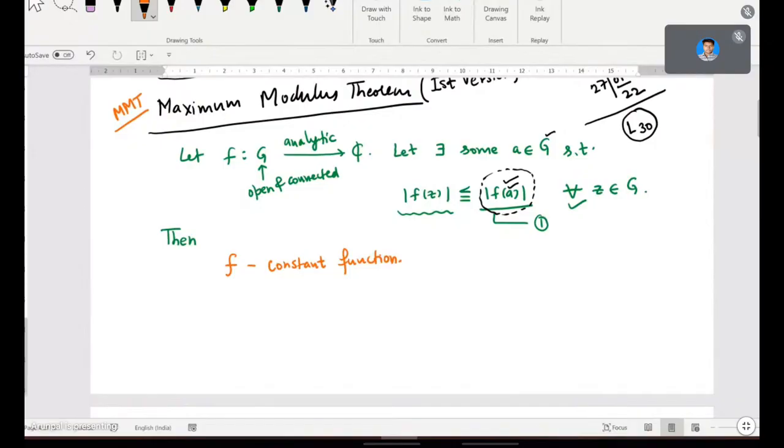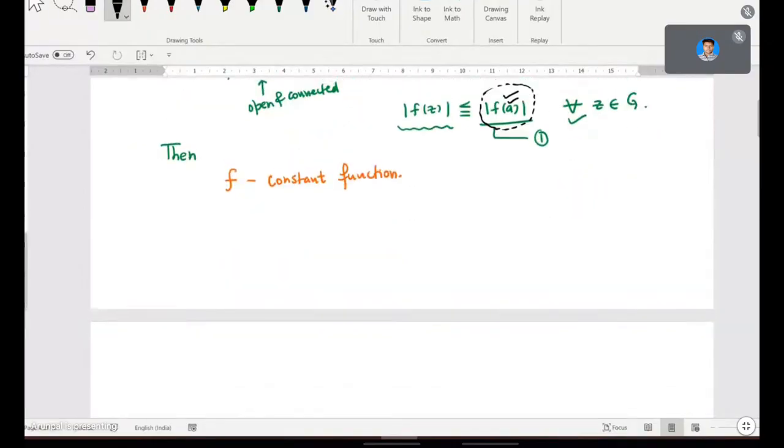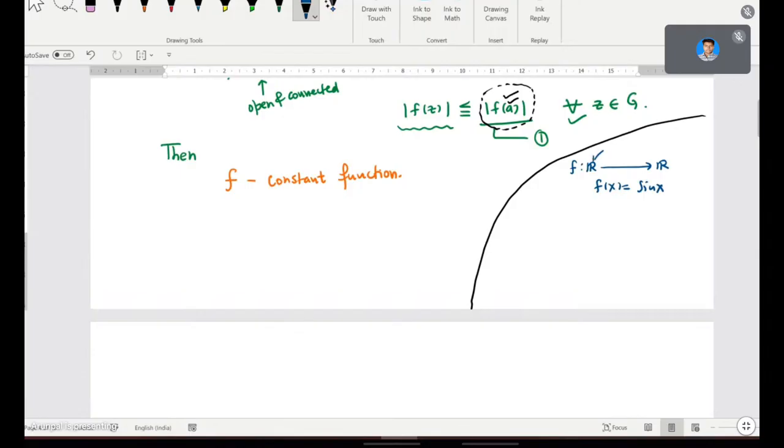Class, this is something very contrary to the frame of real valued functions. If you recall, there are several functions. For example, let us take the function f(x) = sin x. You know that the real line R is open as well as connected.